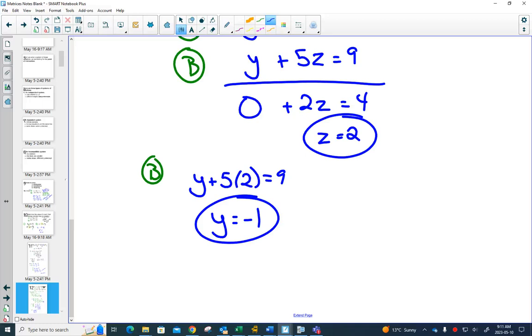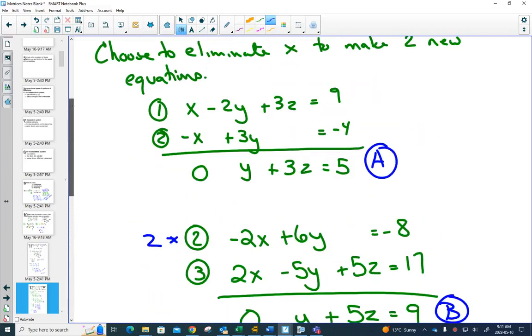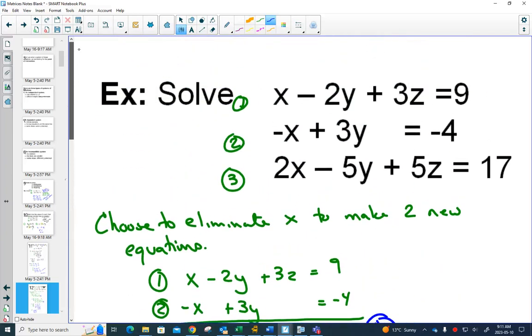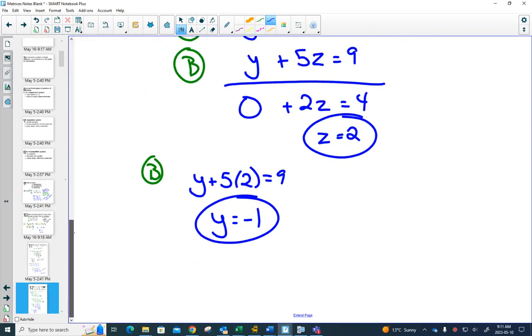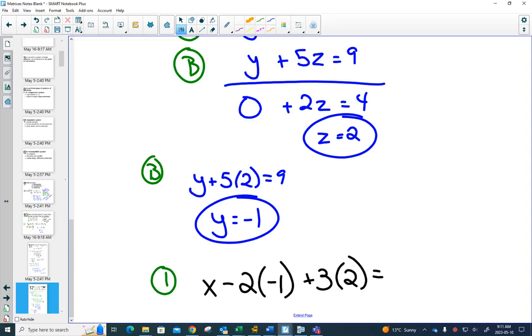And then you've got z, you've got y. Now you can go to any of your first three equations and plug those in. So I'm going to go to, I like equation 1 because the equation 1 just had an x. And it had minus 2 times y, where I plug in the negative 1. And it had plus 3 times z, and I'll plug in the 2, and it was equal to 9.